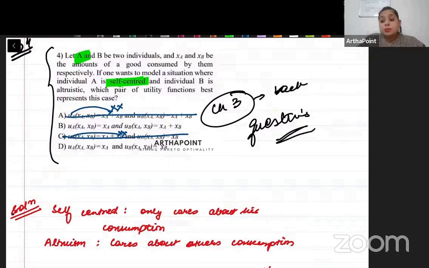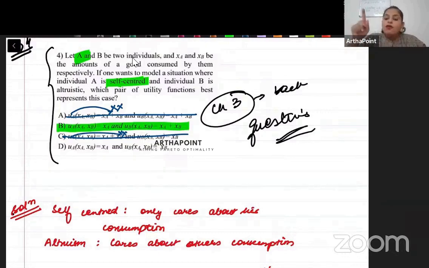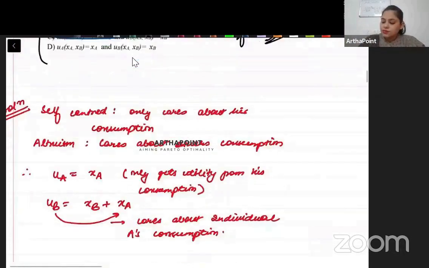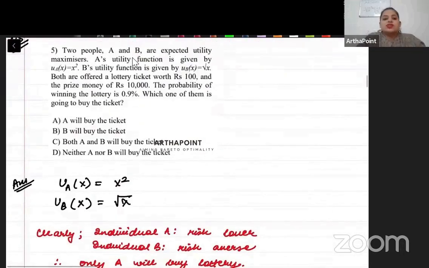Now, individual B is altruistic, which means he gets utility from A's consumption. So how will he get utility from A's consumption? Only if XA is included in his utility function. So the correct answer is this: A should only get utility from XA, but B should get utility from both XA and XB. Okay. Now come to the next question.